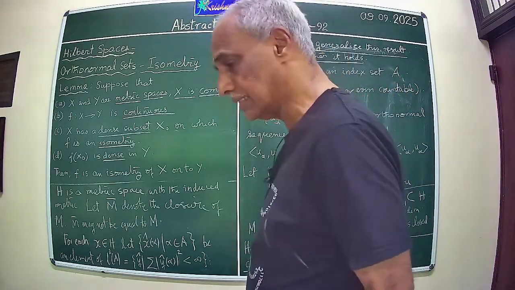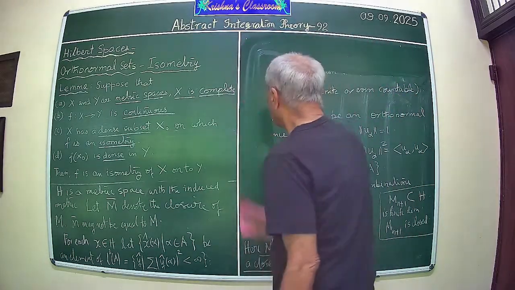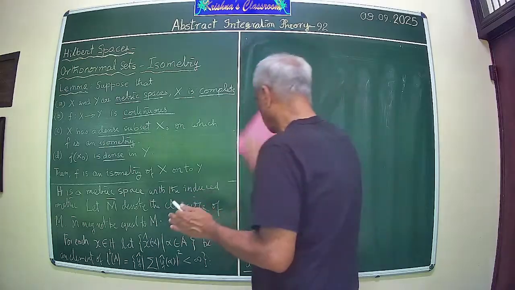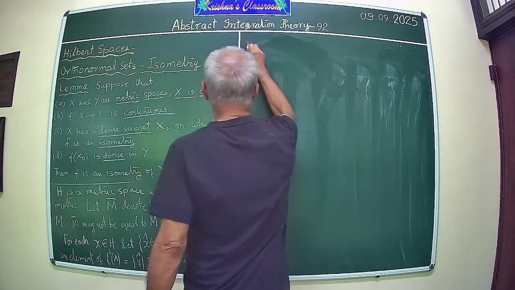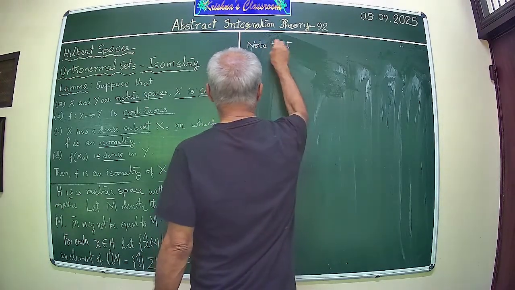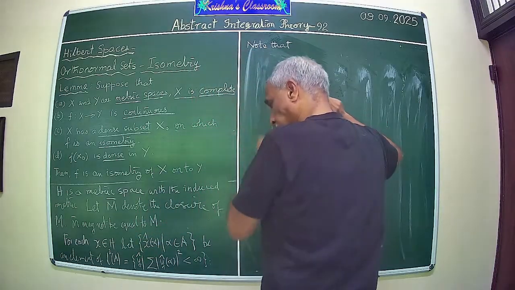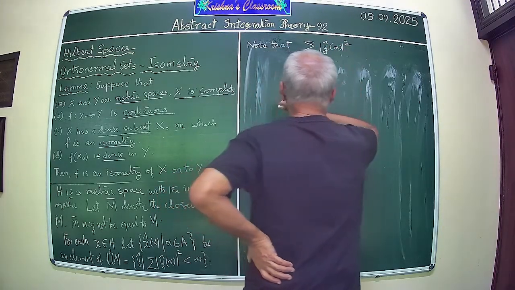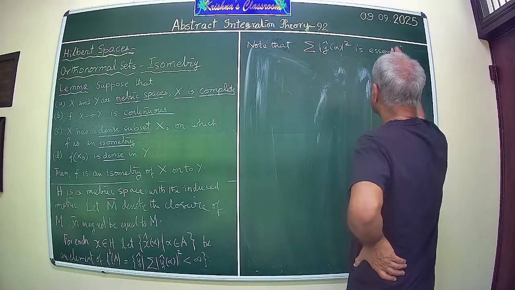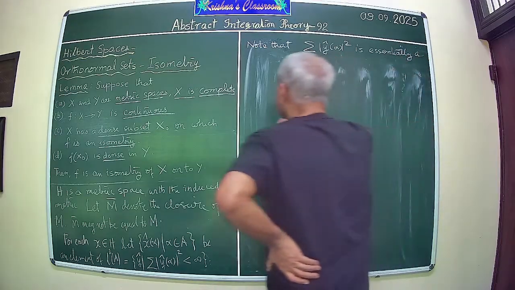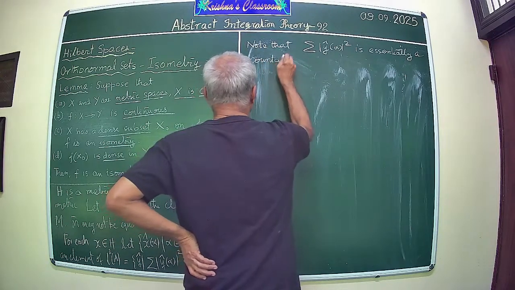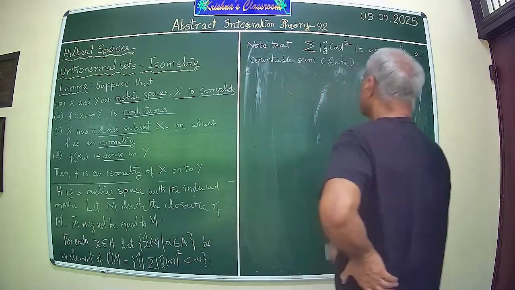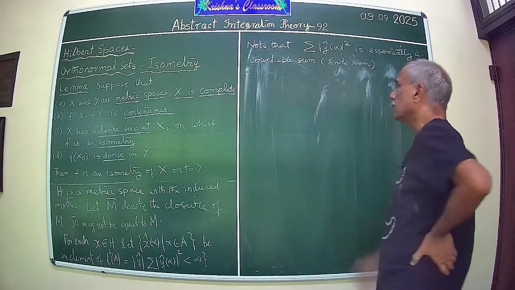Therefore, I'll just make a caution here. Note that it is a countable sum or even finite, but never an uncountable sum. It can be a finite sum also.